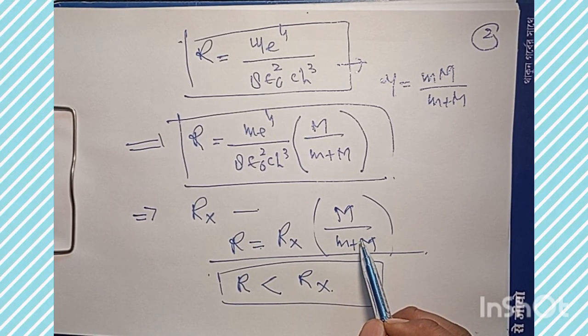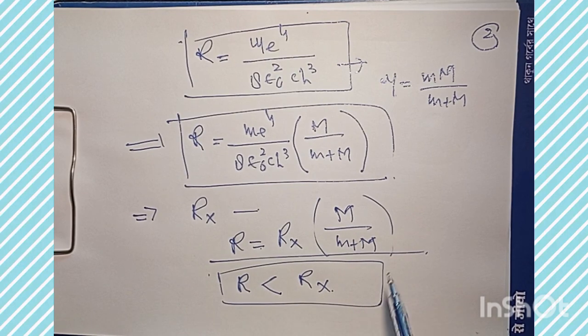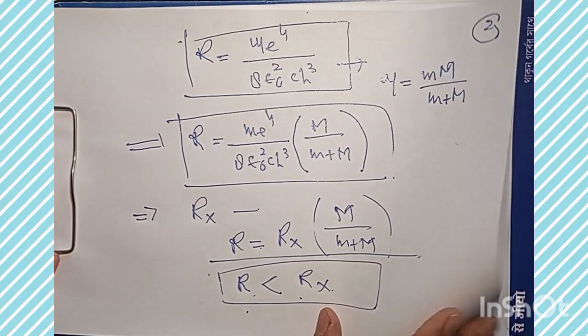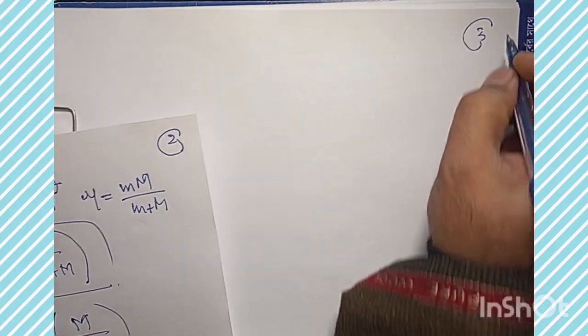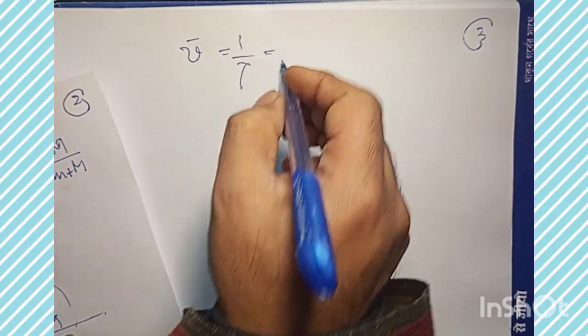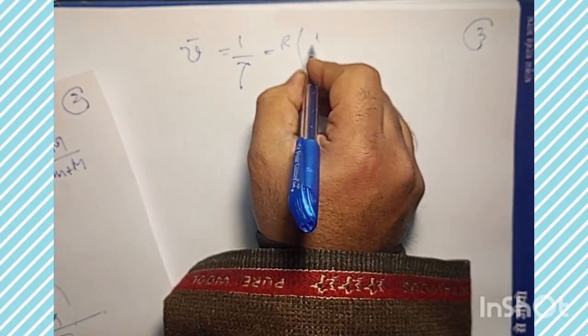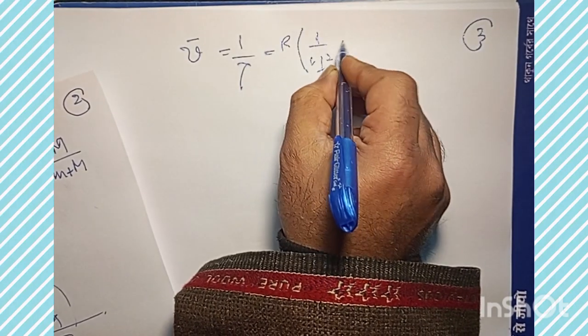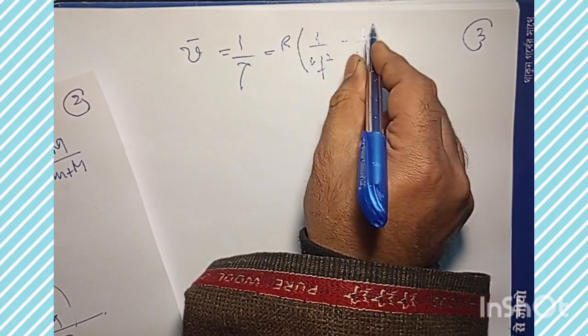So I can accordingly write down the wave number, which is basically the reciprocal of wavelength. It is nu bar equals R times 1 by nf square minus 1 by ni square.